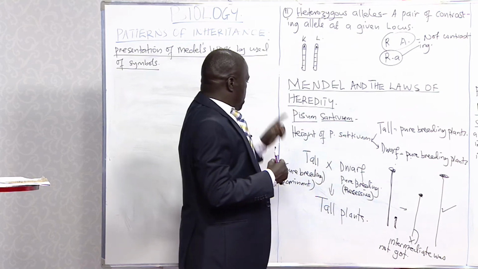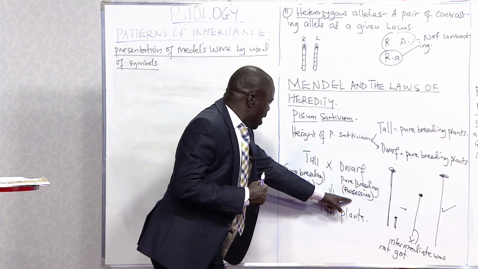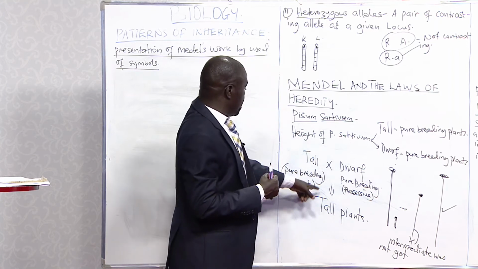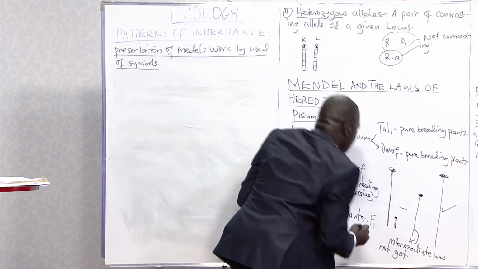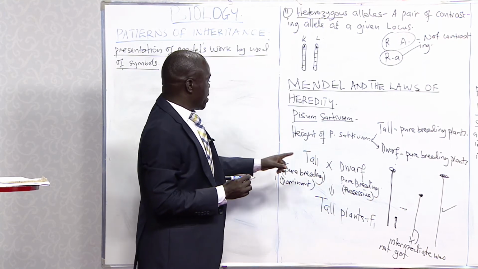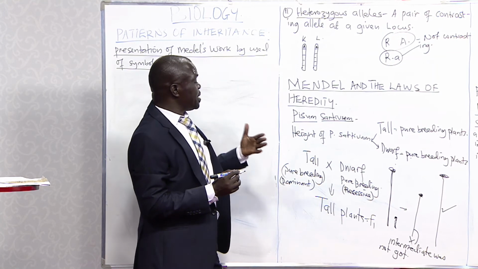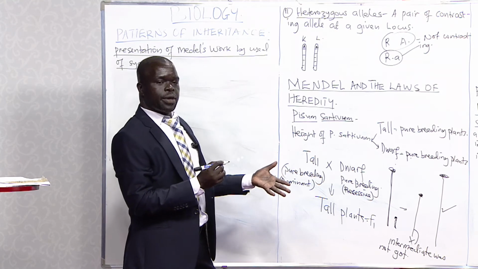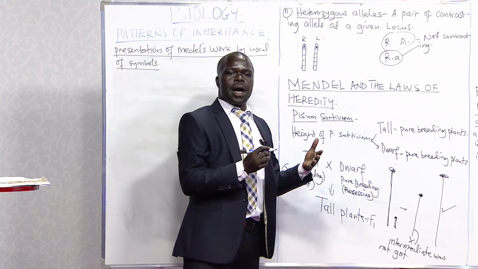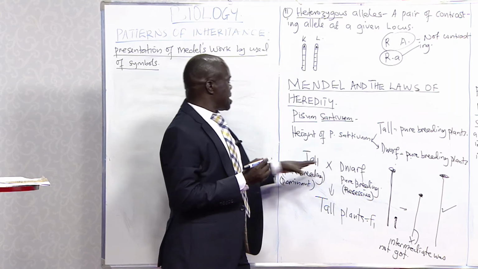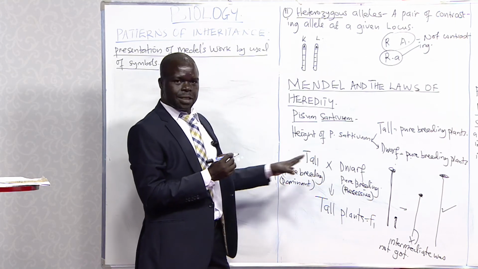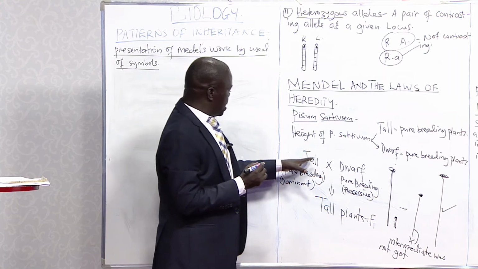So this dwarf condition is silent in the F1 generation. Why is it F1? Because an F1 generation is the offspring of a breeding between two contrasting alleles.